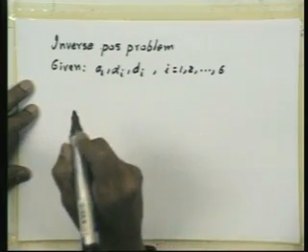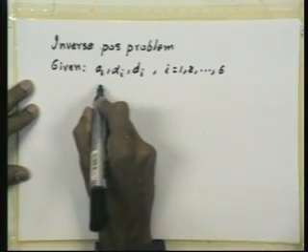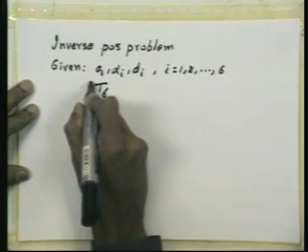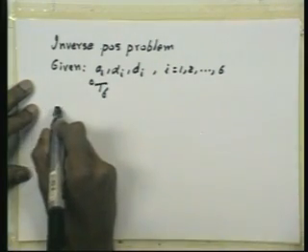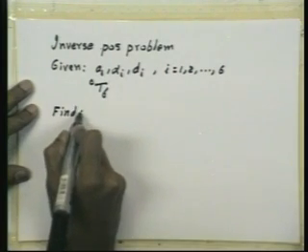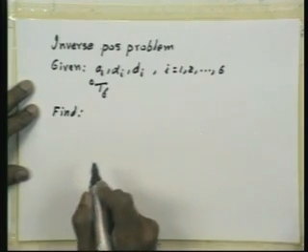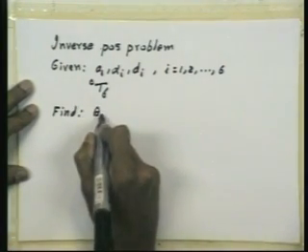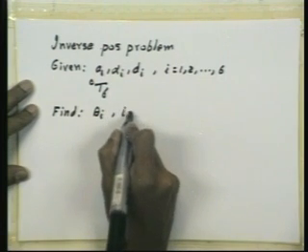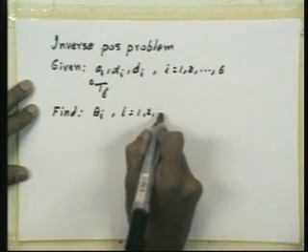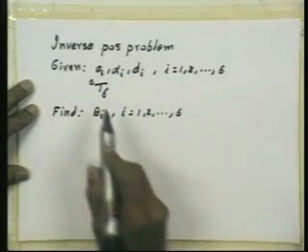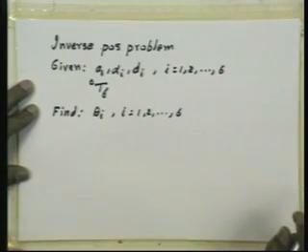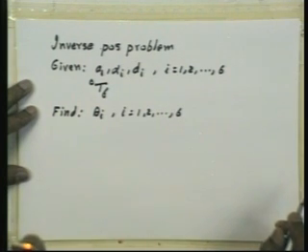We are also given the end effector position and orientation. We need to determine the joint variables which would take the end effector to the given position and orientation. So this is the problem to be solved.